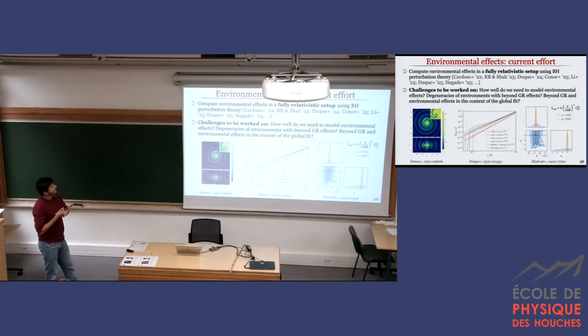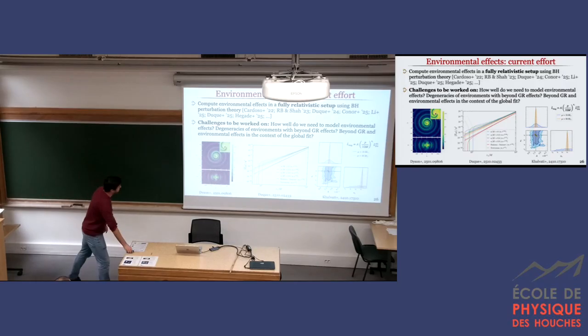There are a lot of current efforts in developing environmental effects, and something I'm particularly interested in, and there have been a lot of developments in the last 2-3 years, is to include fully relativistic effects in environmental effects, so computing environmental effects, for example, using all the tools from black hole perturbation theory.